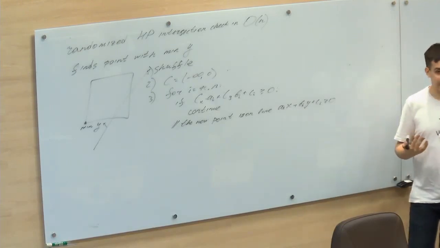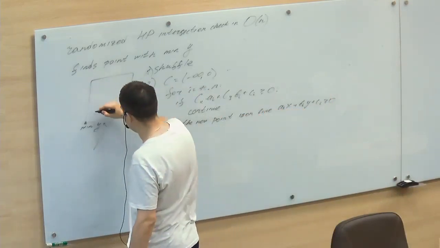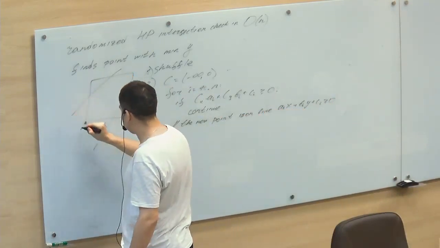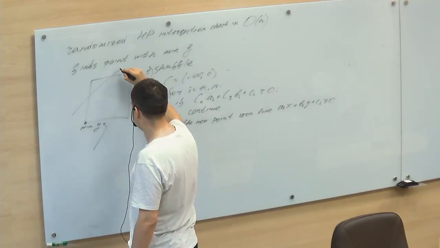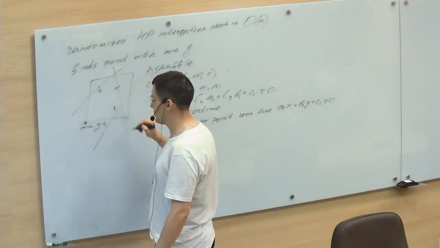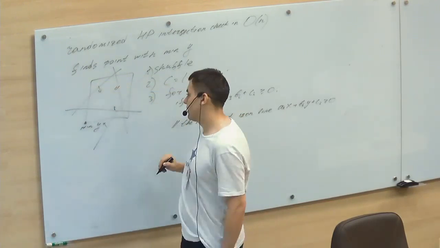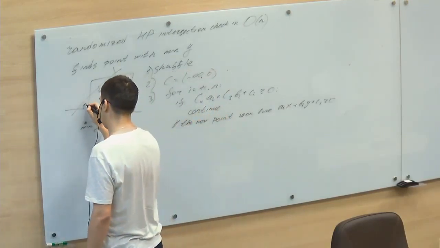Well, how do we find the point on this line? For example, we had this line, and we also had this line, and all these lines were good, but then this line came, this half plane.